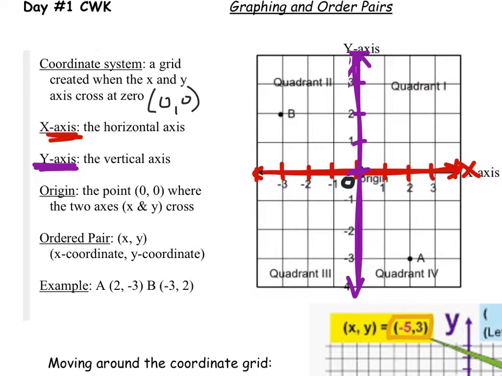Well, the origin we already talked about up in here. It's where the two axes meet, because the y is 0, and the x is 0. An ordered pair is in the form of these. You get some parentheses up in here. And you're going to have what they call an x value.